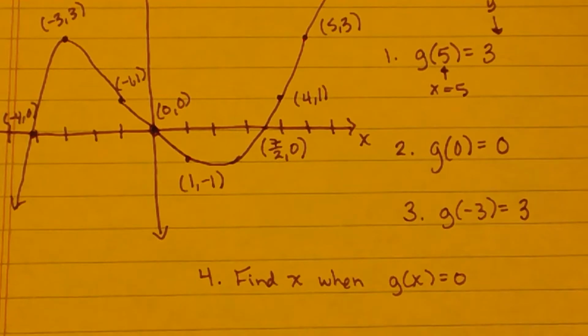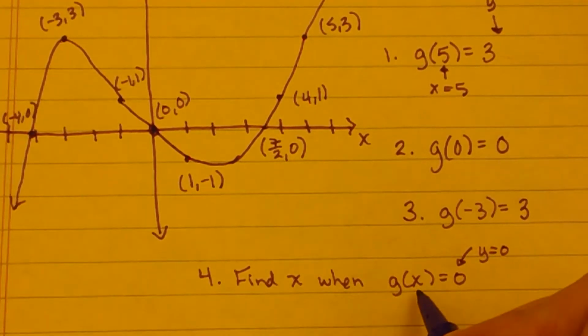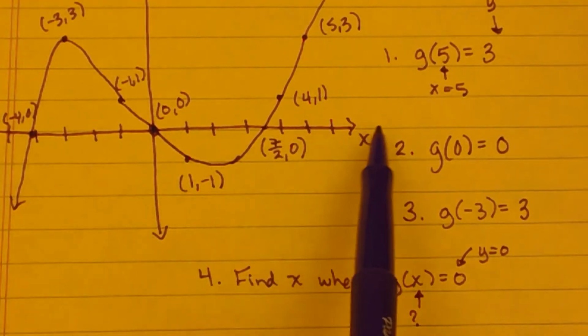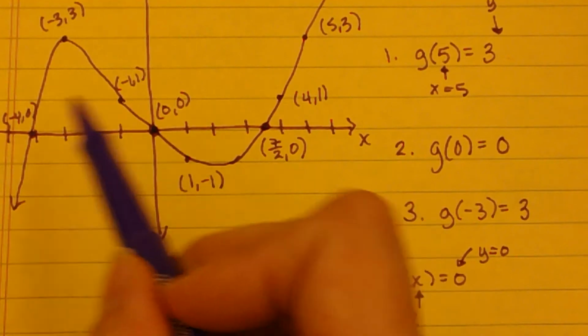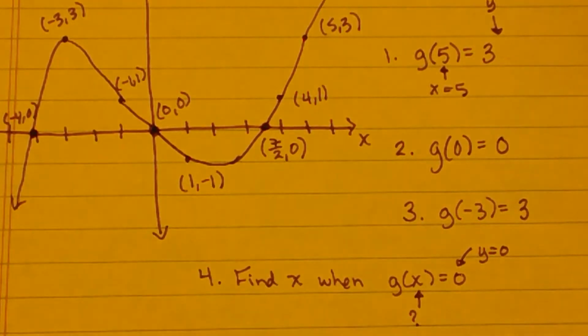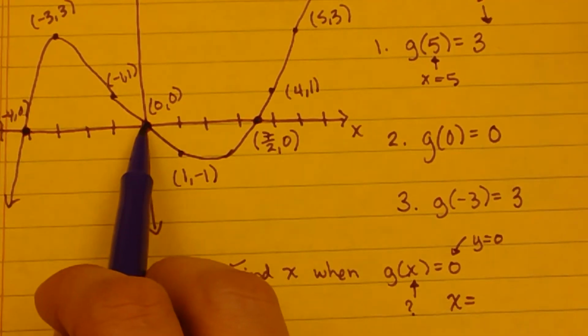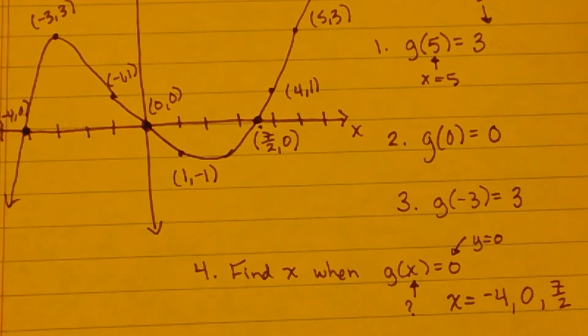G of x equals 0 means that y is 0, and we need to find the x values. So y is 0 everywhere on this x-axis. So there's actually 1, 2, 3 x values where that happens. So x could equal, we'll go left to right, negative 4, or 0, or 7/2. So negative 4, 0, or 7/2.